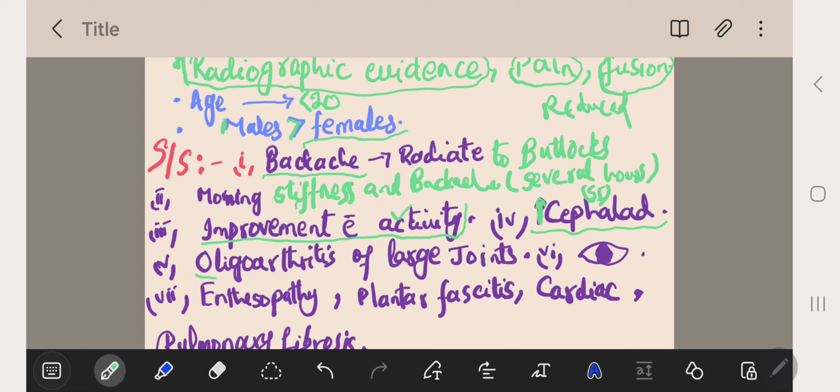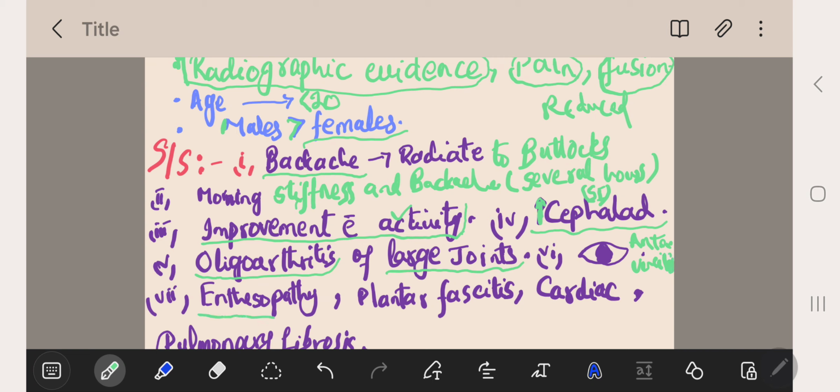There is also oligoarthritis, that is, it involves some large joints like hip joints and shoulder joints, and there is anterior uveitis that is associated with this disease.